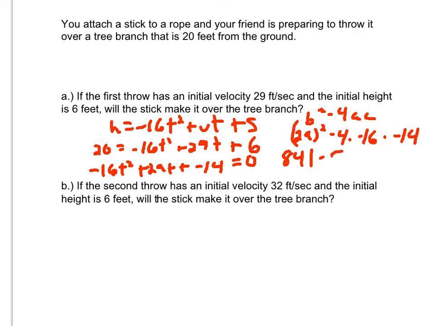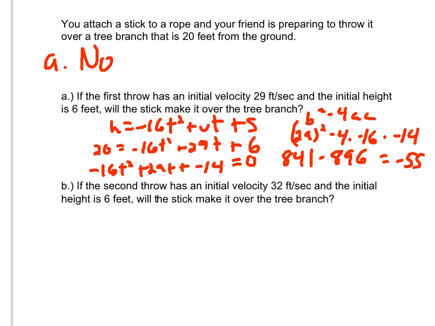That's positive 896. So then 841 minus 896 equals negative 55. So my discriminant is negative. That means that that is not possible. Okay? So A is no, because there's no real solutions to that, because my discriminant is negative.